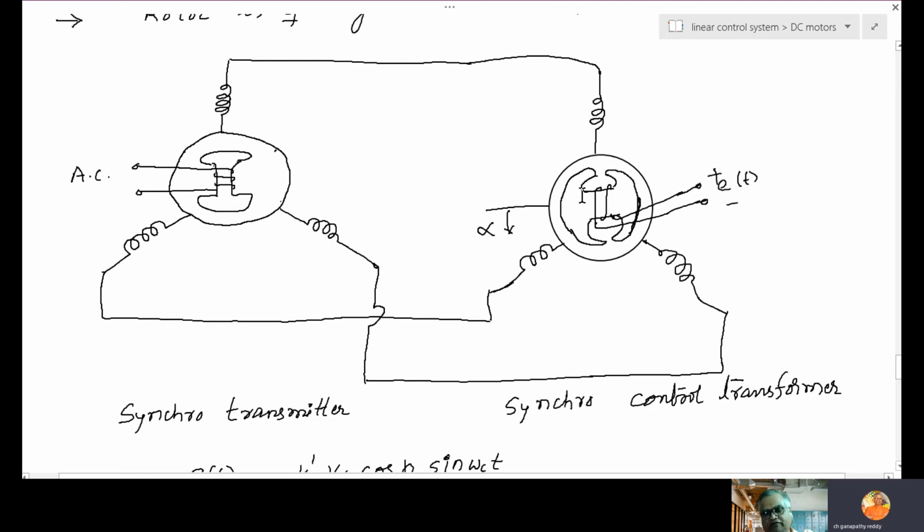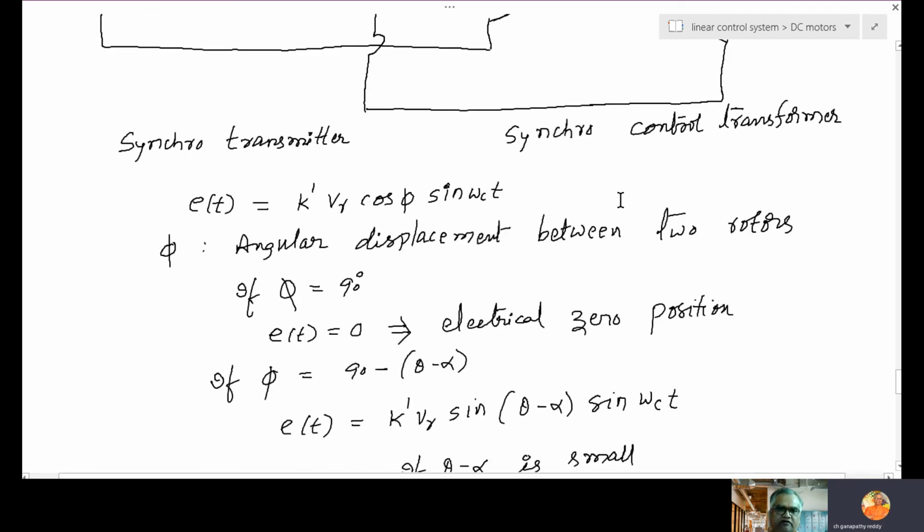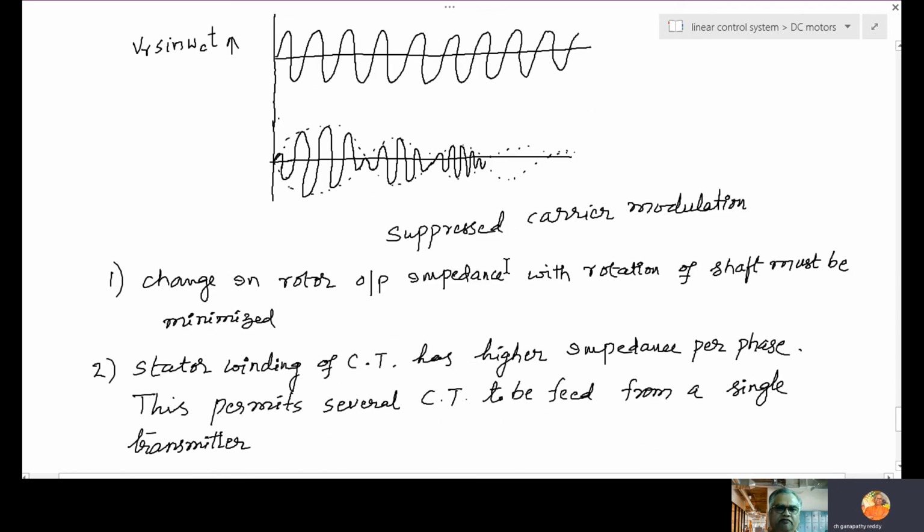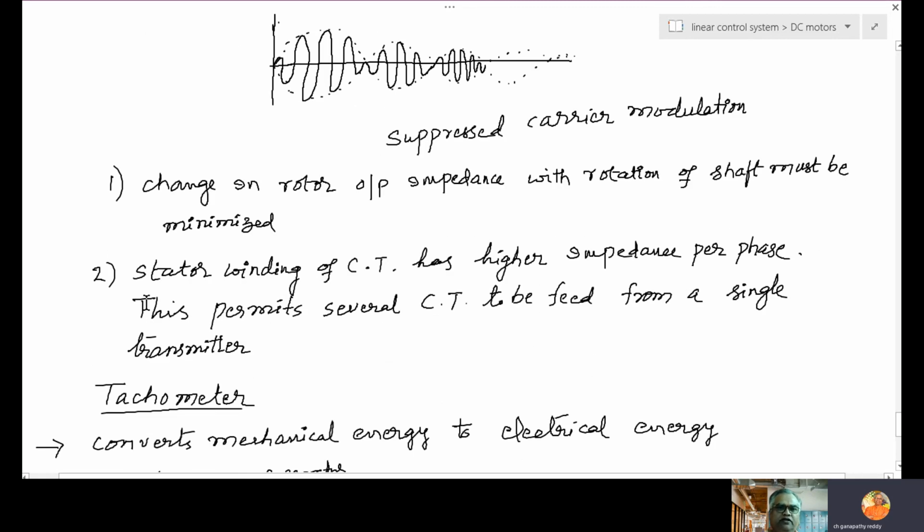When that is driving some other system, impedance matching will take place. For that reason, a uniform gap is maintained.